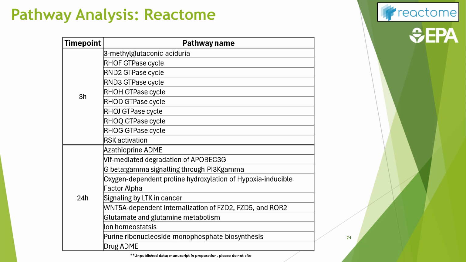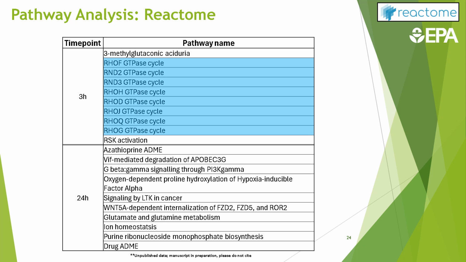We examined Reactome to understand biological pathways impacted and observed concordance among our analysis tools. At the 3-hour time point, we see several RHO or RHO GTPase cycle pathways identified, which was also observed in our IPA predictions. These are important signal transducers in pathways that regulate cell migration, proliferation, survival, and death, and are crucial for maintenance of normal tissues and can contribute to disease progression.